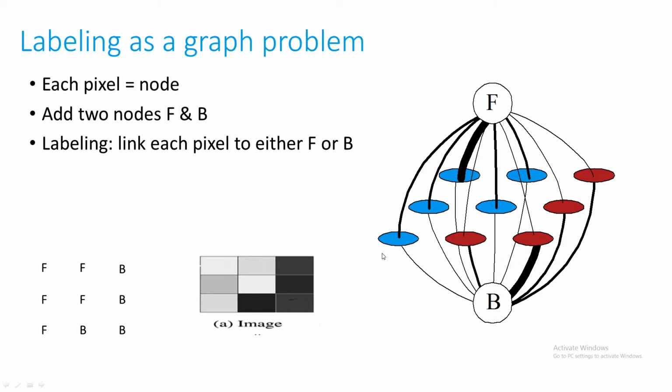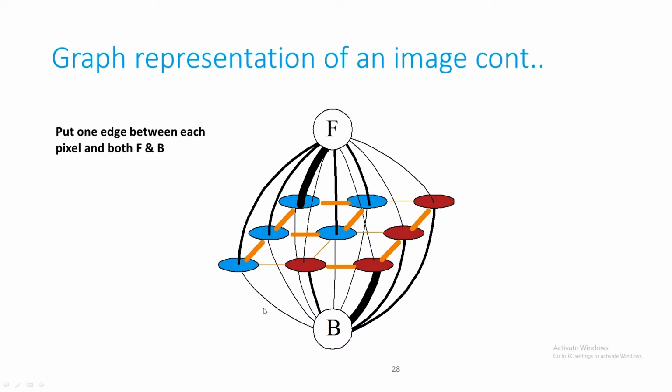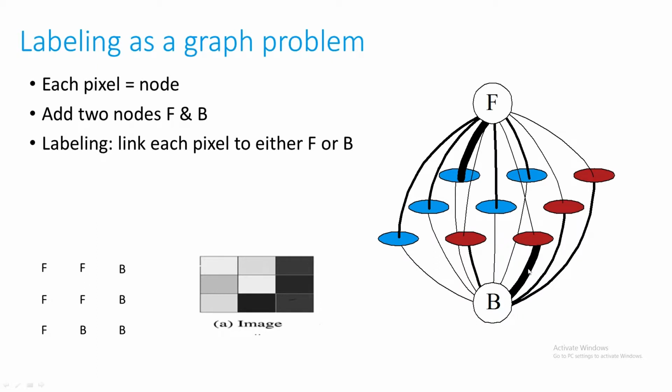For example, if you consider this node, and I have taken this node F as the foreground, it has much more similarity compared to this node, so this edge thickening is more. Similarly, when you consider this B node, this node has more similarity and hence this edge is thickened. You are able to understand this construction?